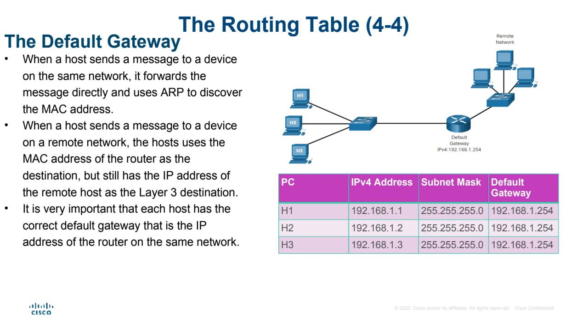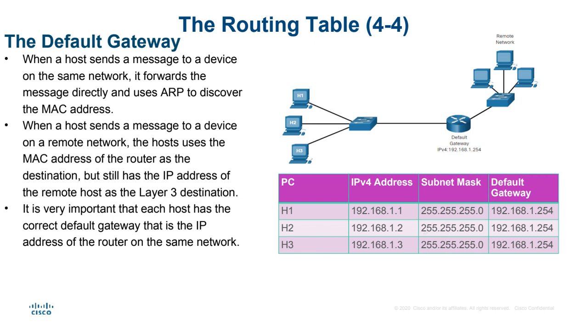It will be the interface of the router this side. It's like a door. If you want to go out, you call it gateway. The gateway for any computer in this network is this router interface. And what is the address of this router interface? 192.168.1.254. Okay, it's written here.